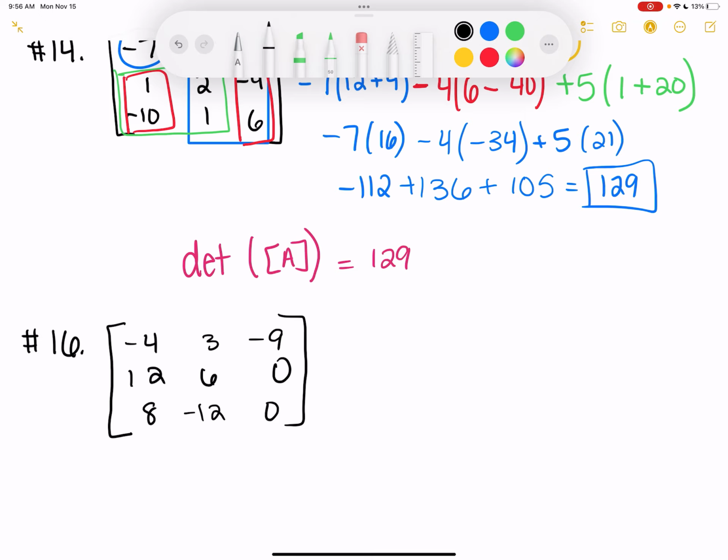Oh my gosh, this is actually so easy. The zeros are carrying us. That's a big number. You get a big number? The zeros really were carrying though.